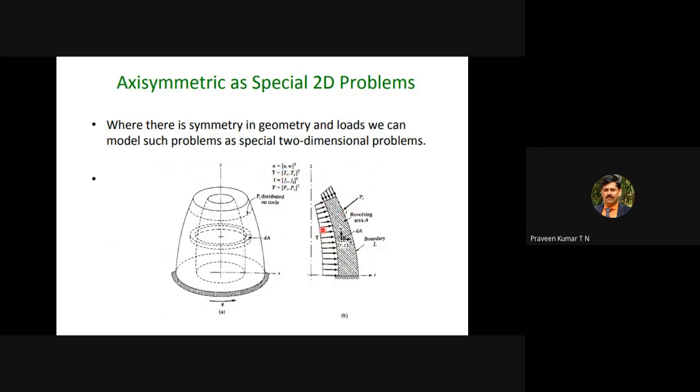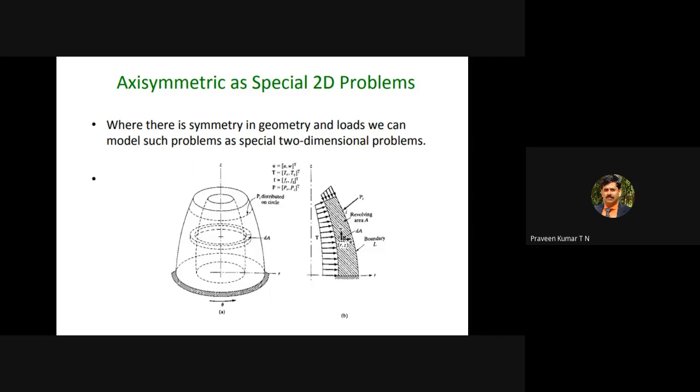Then one more force acting on the body is body force. The body force may be acting along the radial direction. Suppose you consider a flywheel, as the flywheel rotates, there is a centrifugal force acting in the radial direction, that is Fr. And Fz is nothing but the body force acting along the z direction.